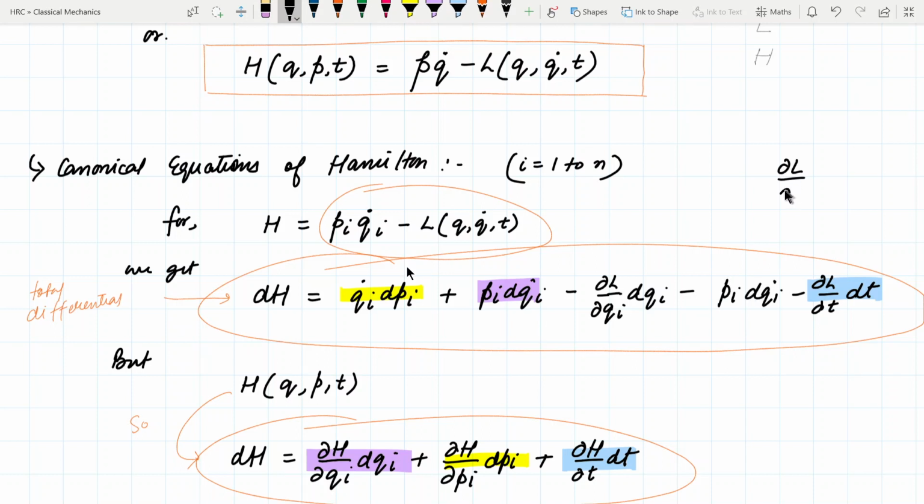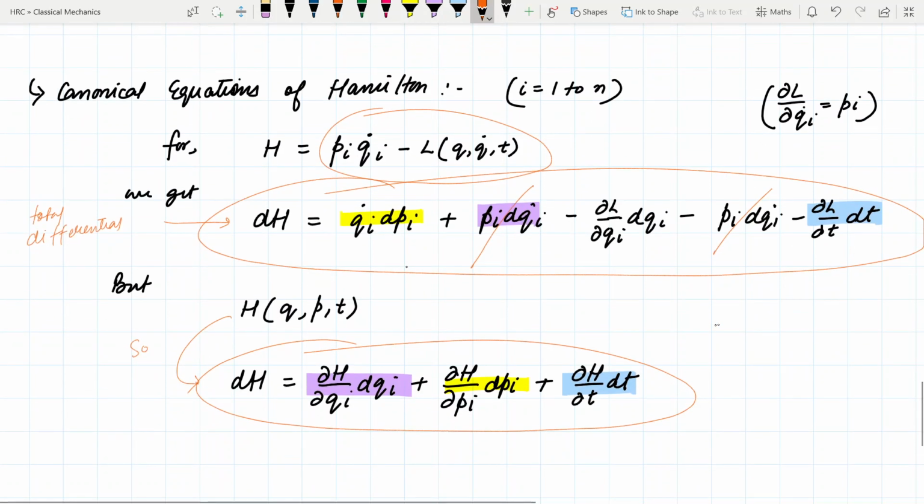Because del L by del q_i dot is equal to p_i, ये तो मैंने पहले ही बता दिया, generalized coordinate है. तो ये आपका p_i dq_i dot, ये दोनों जो है आपका cancel out हो गए, है ना? Yes, sir.